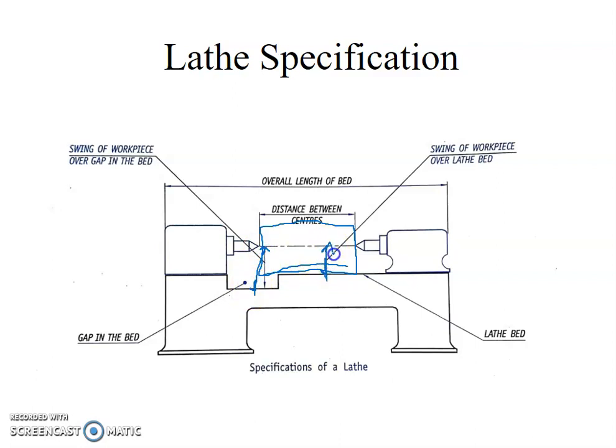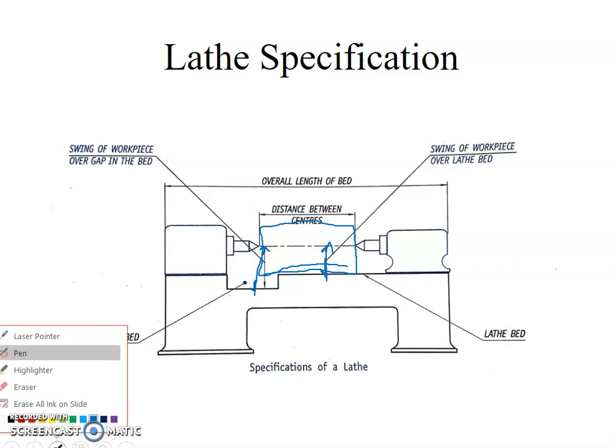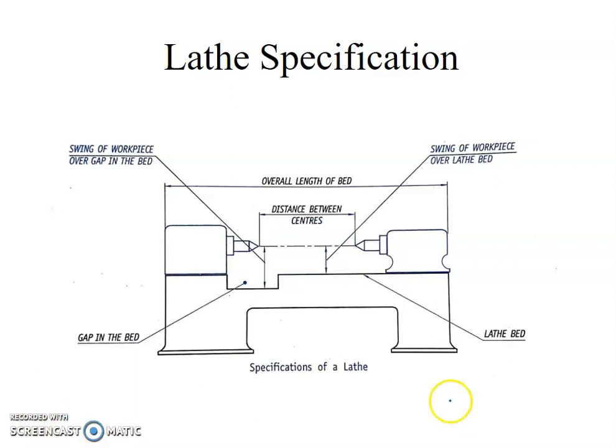This is the maximum diameter of the raw material or workpiece we can mount on the lathe and machine. That is also another specification. So these are the main specifications of the lathe which decide the size of the lathe and the maximum size of the workpiece the lathe is going to machine.